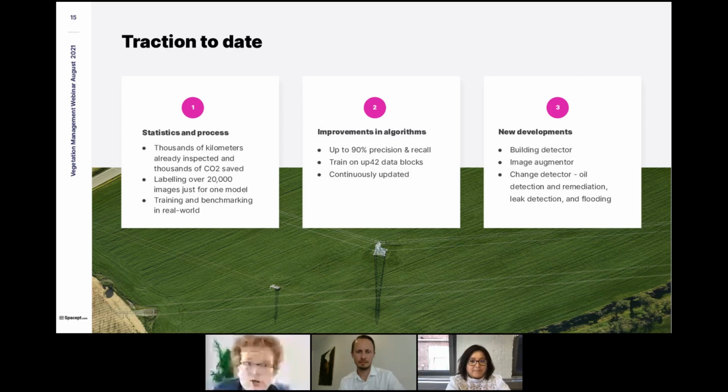And going beyond this, we have some very exciting new developments that lead to inspection beyond power lines, to building inspection, oil and gas inspection, leak detection. These have just been released on the platform, and more information is about to come.